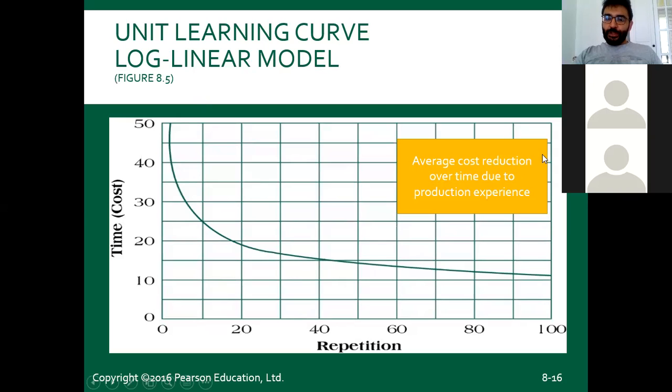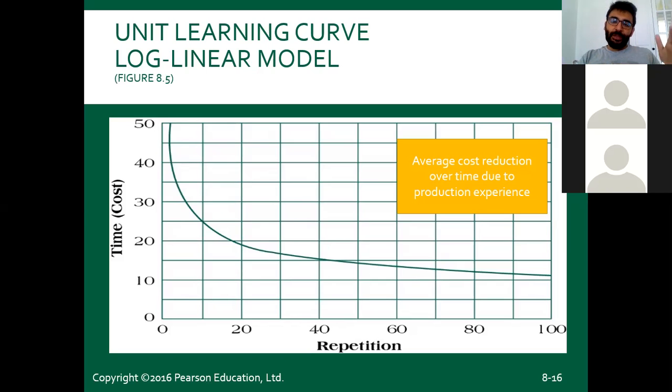So it is the average cost reduction over time due to production experience. For example, think about yourselves. Let's say I ask you to produce some shoes. Your first shoe, you spend, for example, 50 minutes to produce. You don't know how to arrange the material together, and it takes time.